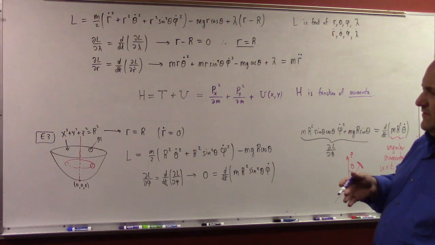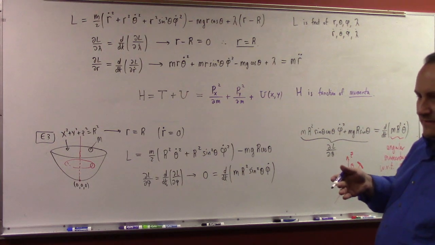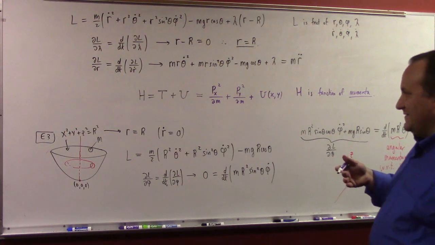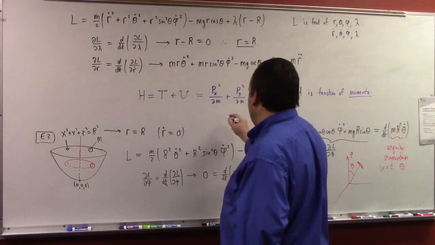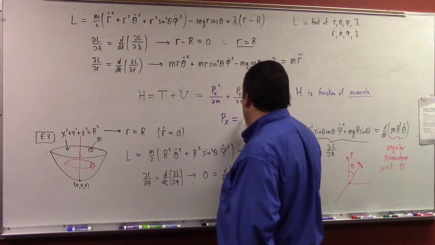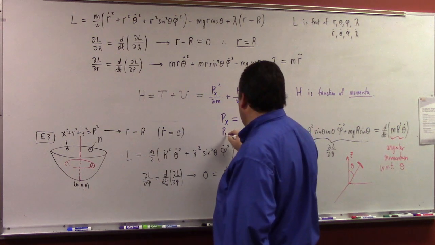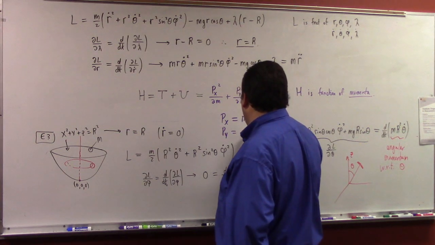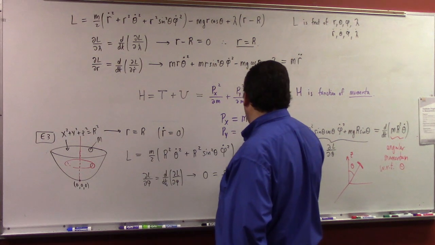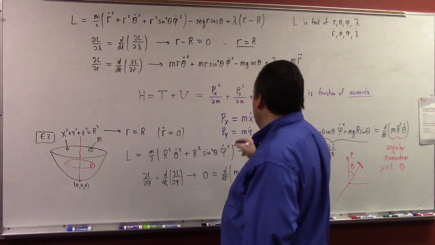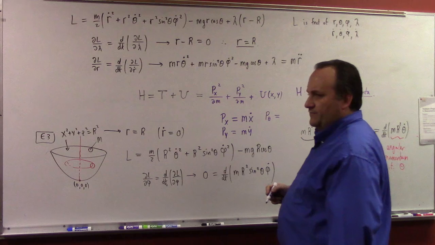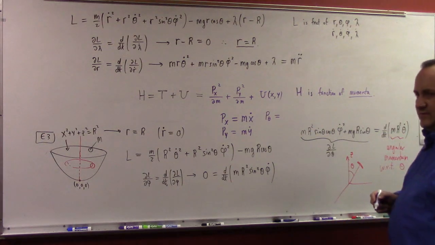And you might well be like, okay, maybe I know how to do that for x and y velocity, right? That's easy enough. Px is m x dot, and what's the y momentum? Well, it's m y dot. But what's the theta momentum? What's the momentum with respect to theta?